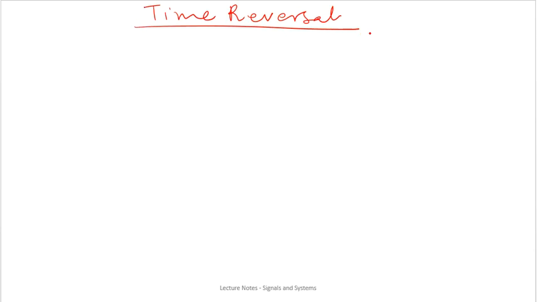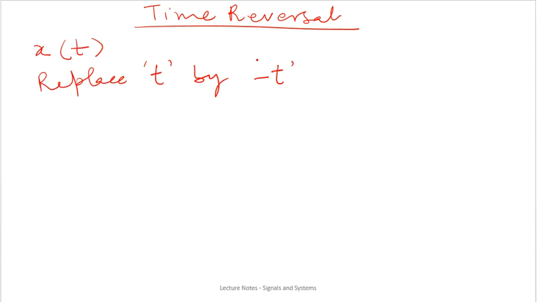So this is the third modification which is done in the independent variable, and again let us suppose that there is a signal x(t). So if you just replace t by minus t, that will result in the time reversal operation.